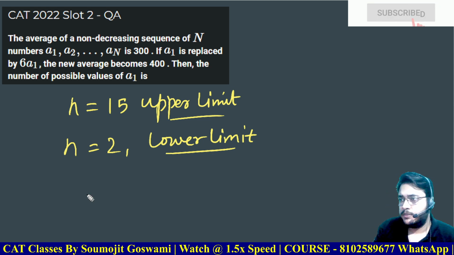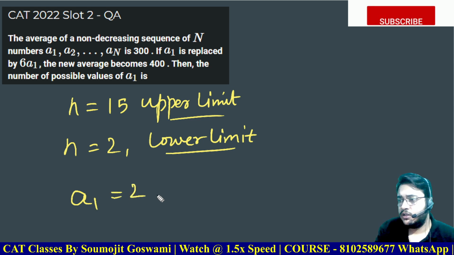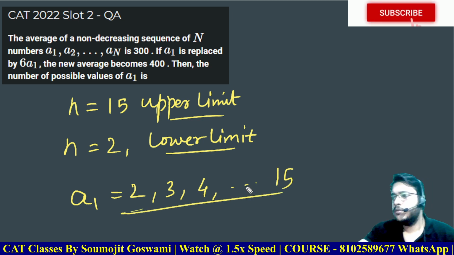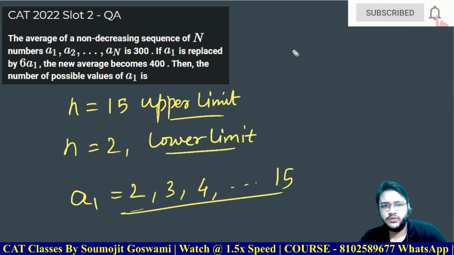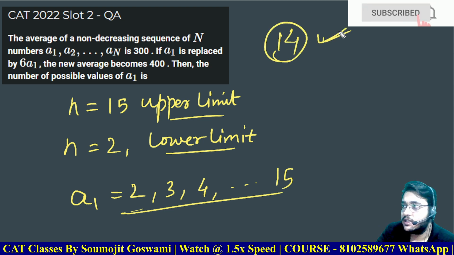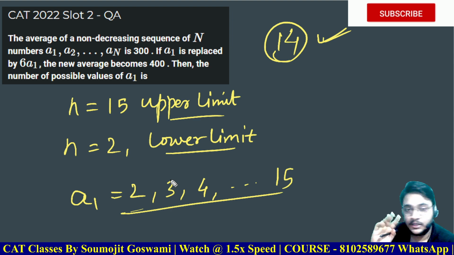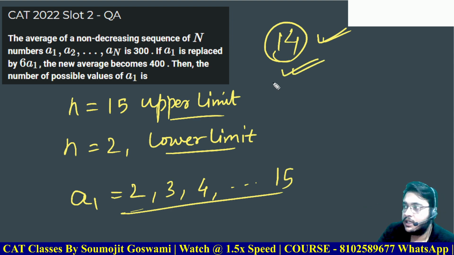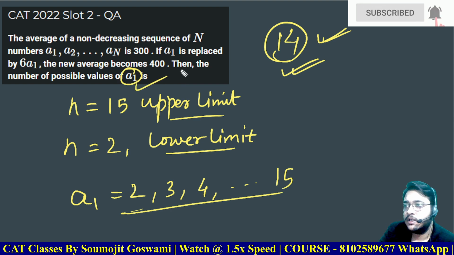So basically n can be 2, 3, 4, all the way till 15. How many numbers are there from 2 to 15? So actually they are going to be 14. Now please don't say that it will be 15 minus 2, that is 13. Actually this will be the big number minus the small number plus 1. Okay, so 14 possible values of n are there.